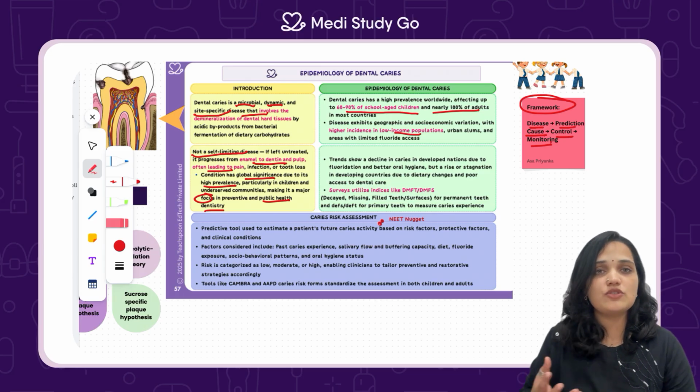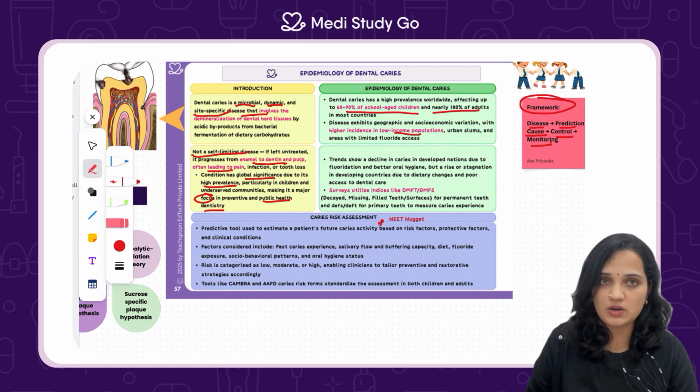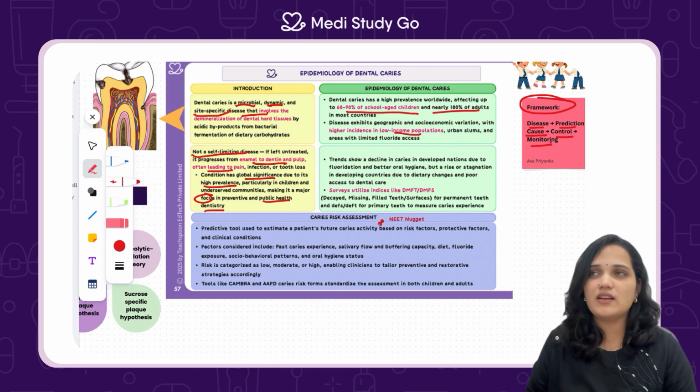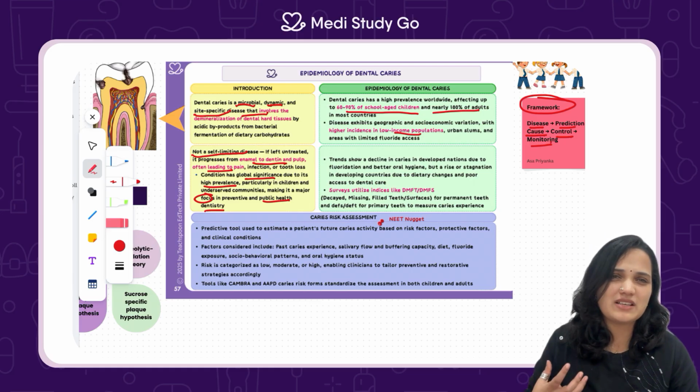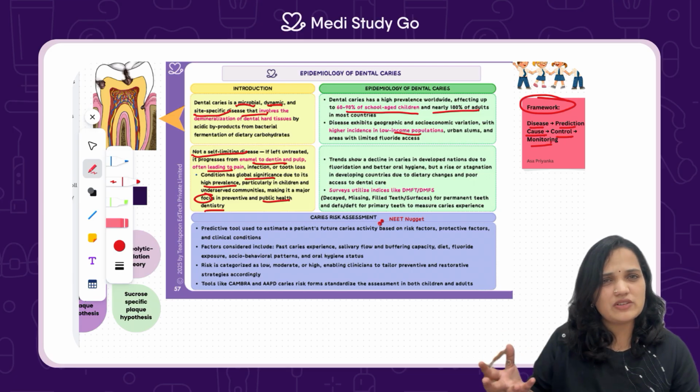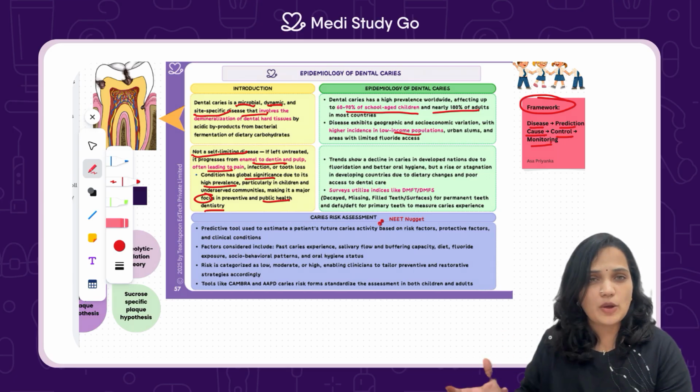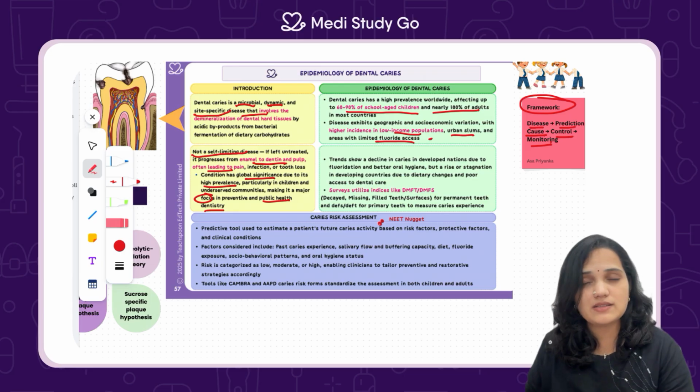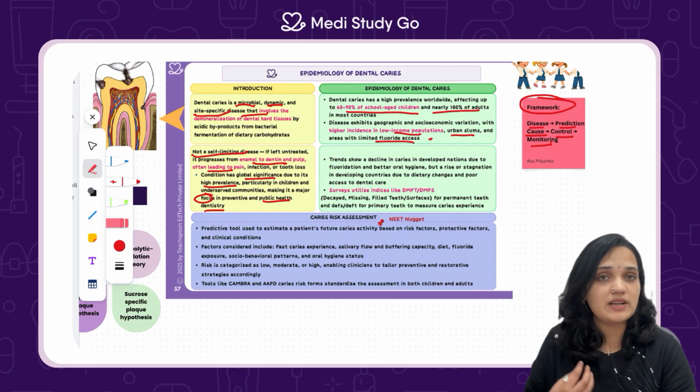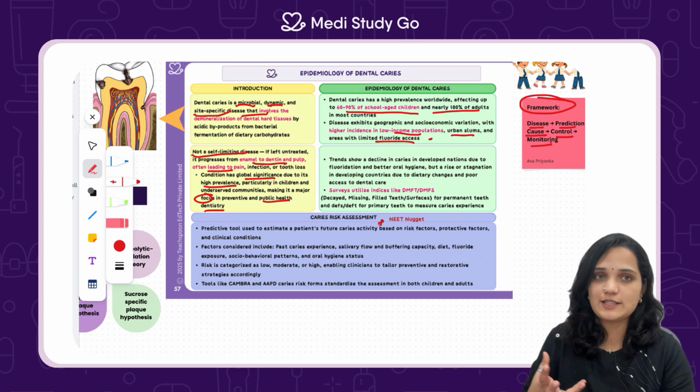However, the distribution of caries is not uniform across the world. There are variations, depending on factors like geographical region, socioeconomic status, dietary patterns, access to dental care, and fluoride exposure.